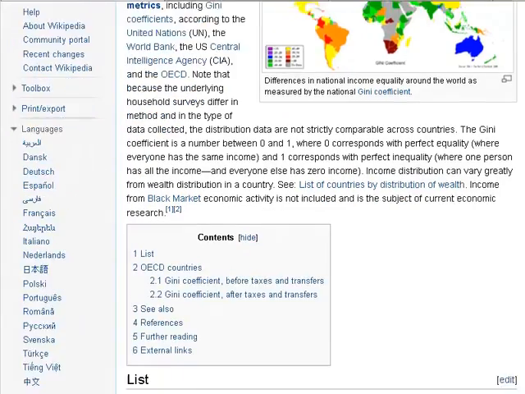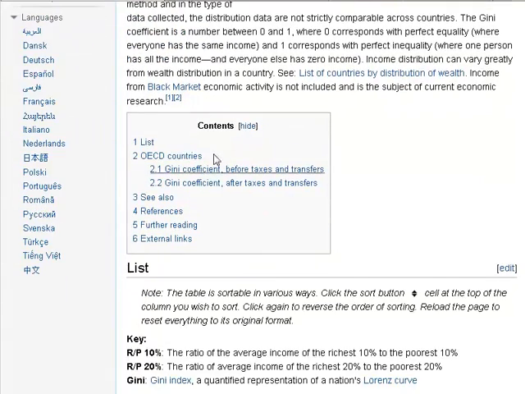So here, what do we have? Countries, Gini coefficient. The Gini coefficient is, as it says here, a quantity representative of a nation's Lorenz curve.